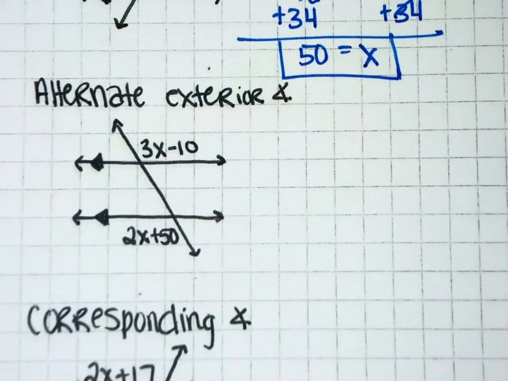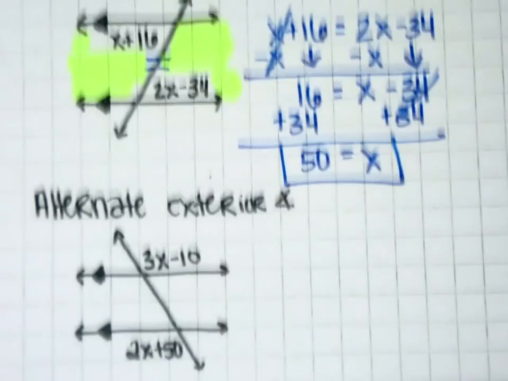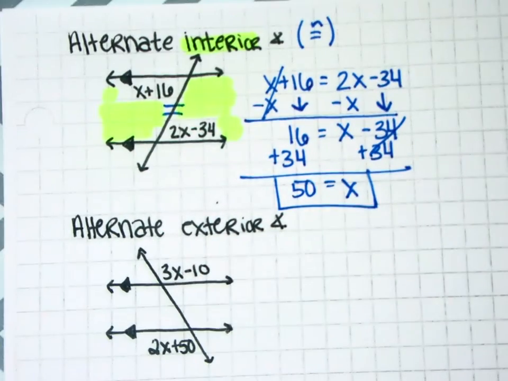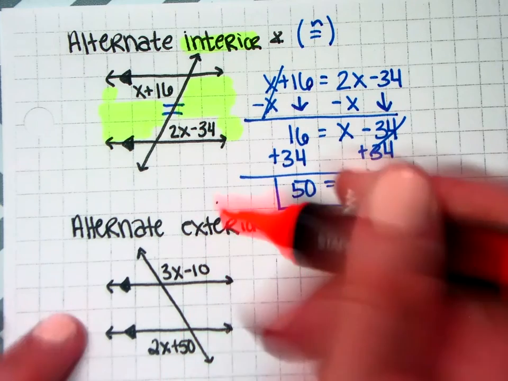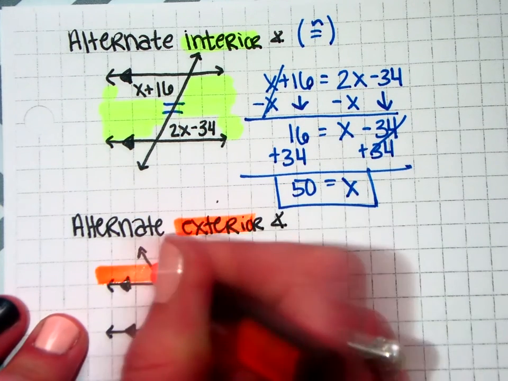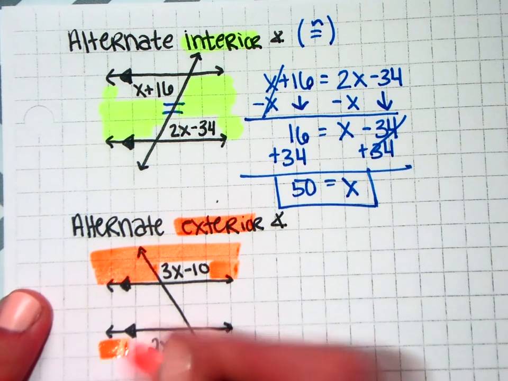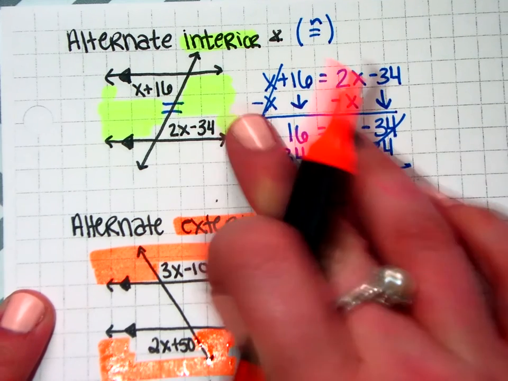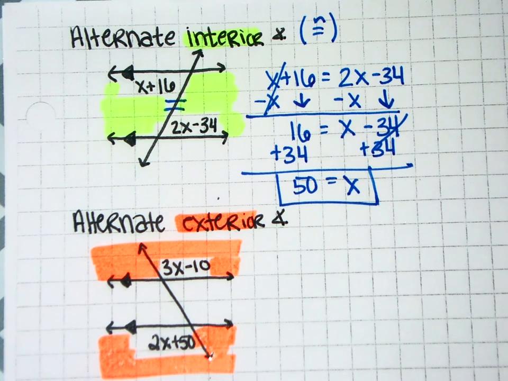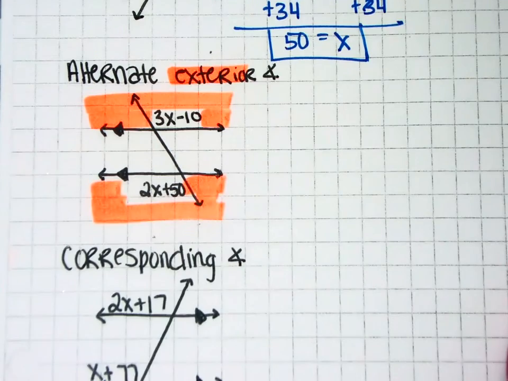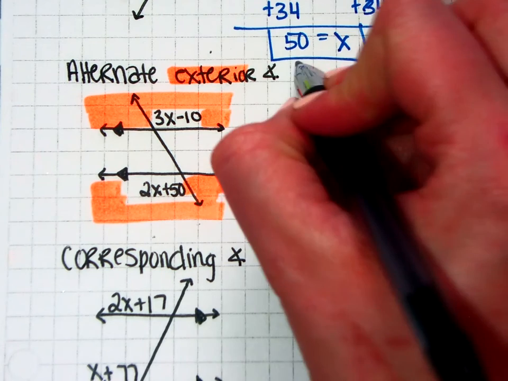Let's try alternate exterior. Notice the difference between the first and second problem. Alternate exterior angles are located in the exterior. They're basically the same angle pair, only one of them is inside, which is the interior, and one of them is outside, which is the exterior. Alternate exterior angles are also congruent to each other.